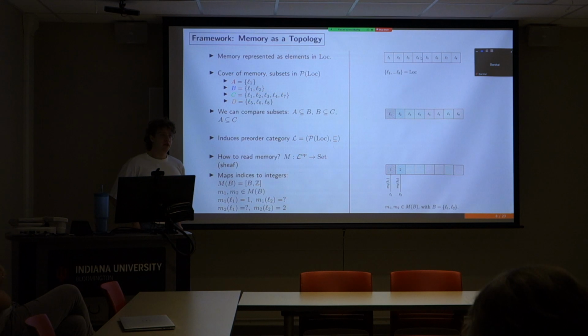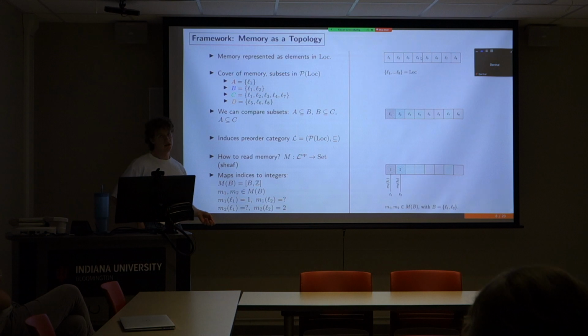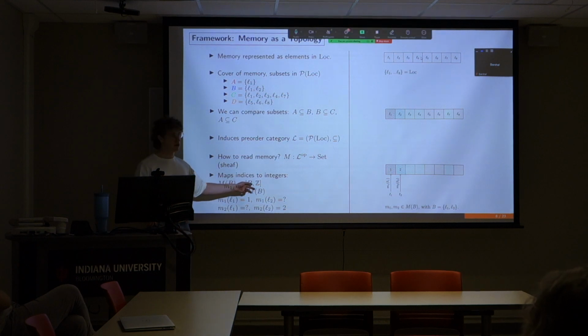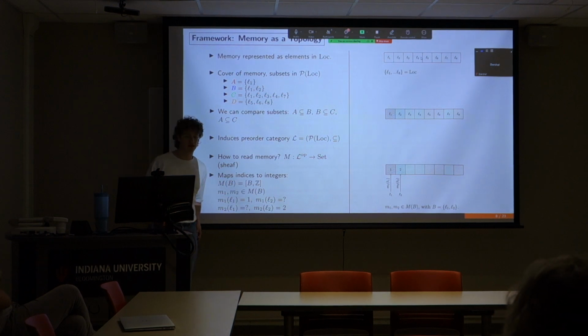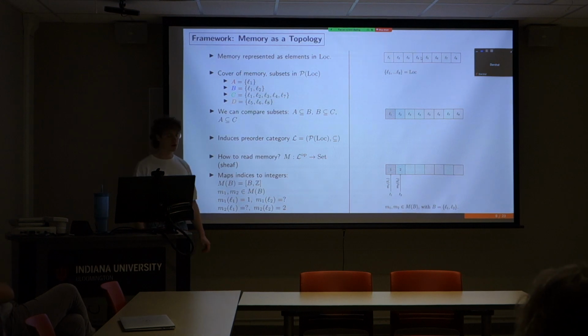Now we also need a way to access what contents are stored in the memory, and we'll define a function that takes as input a subset of the set of memory locations and returns the set of all maps from that smaller local subset to this set of integers. How does it work? Let's say we look at the subset B containing memory locations L1 and L2.